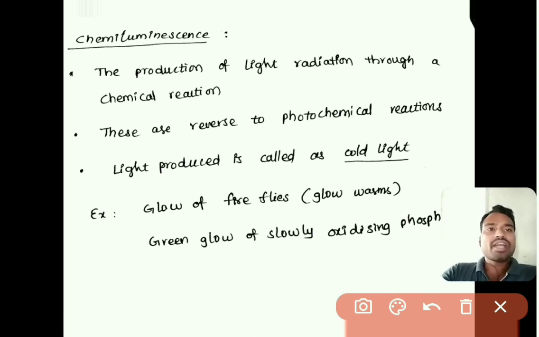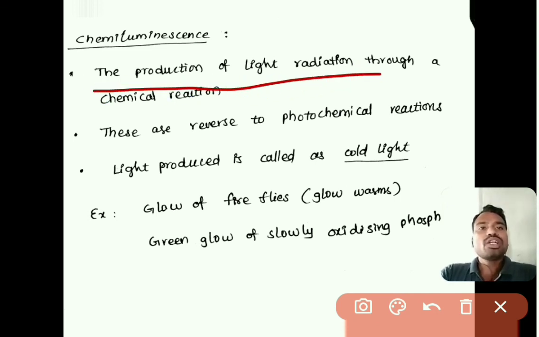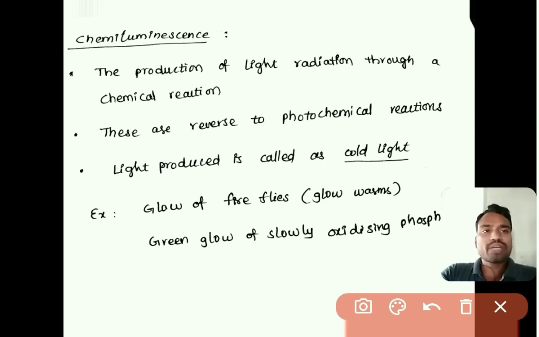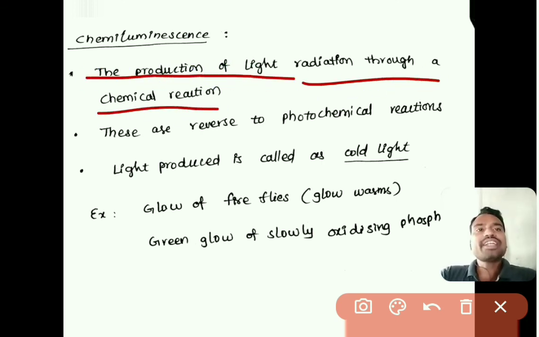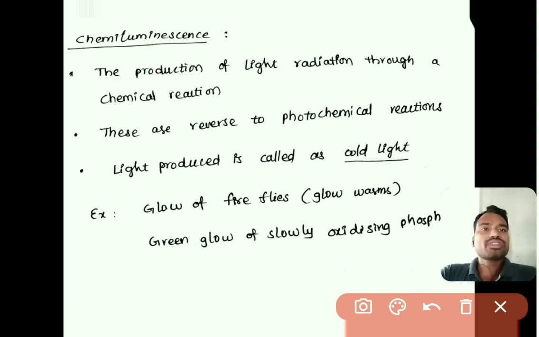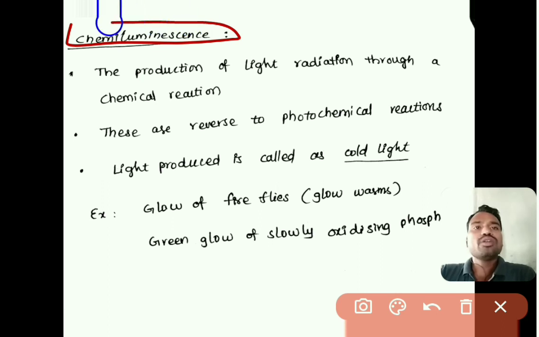Here, the light radiation is produced through a chemical reaction. That process is called chemiluminescence. Because of some chemical reaction, light radiation is produced. This process is called chemiluminescence.